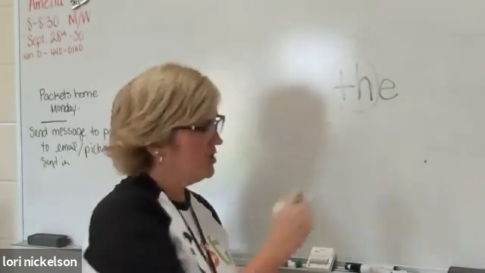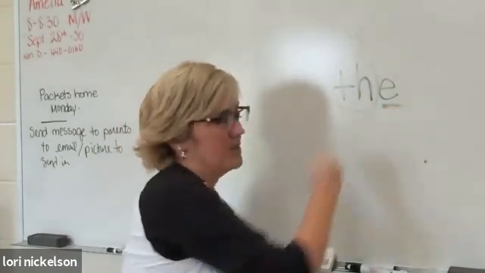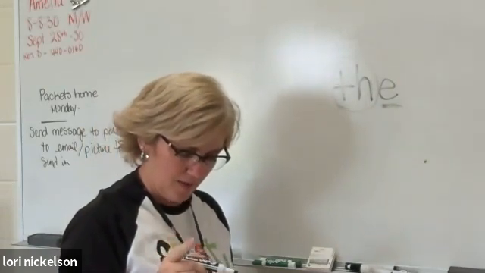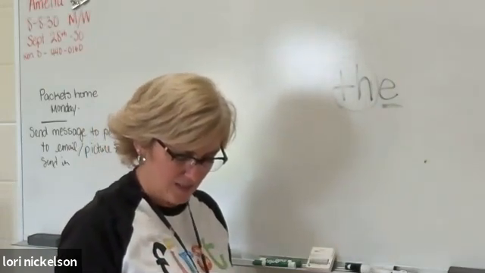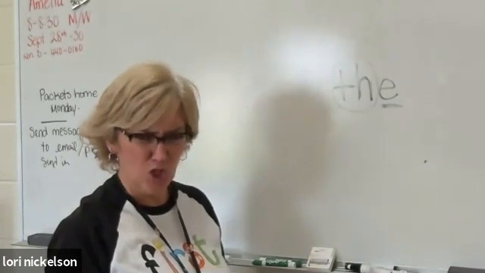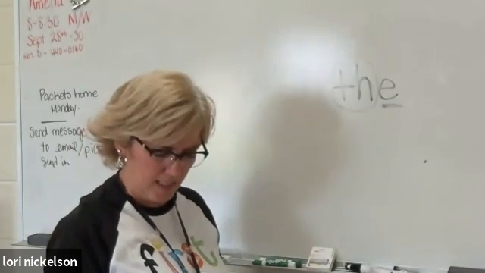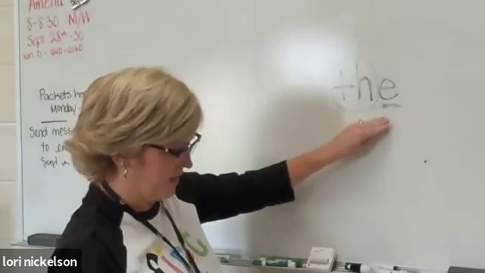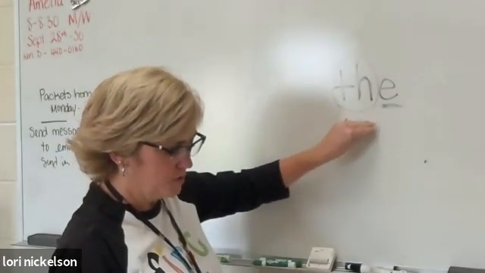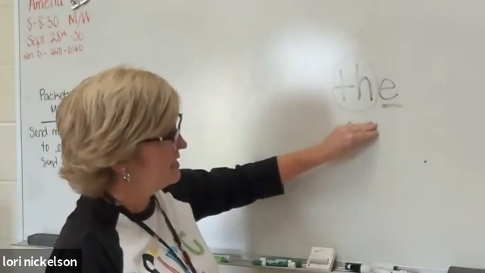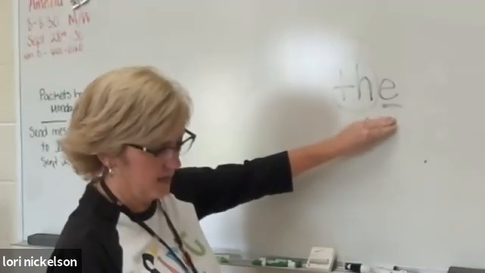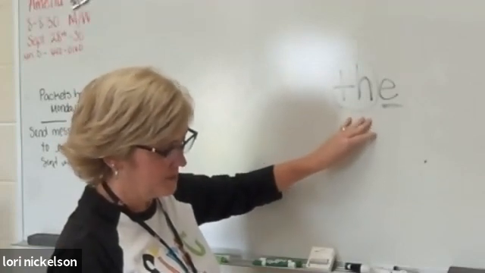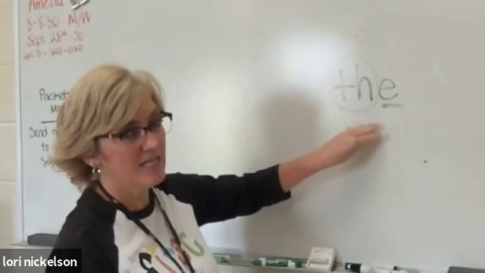But I'm going to underline the E because that's the tricky part. That part sounds like a U and not an E. So remember when you read this word the, you have to pronounce it with a U, okay? The. But when you write it, you have to remember to spell it with the E, T-H-E.